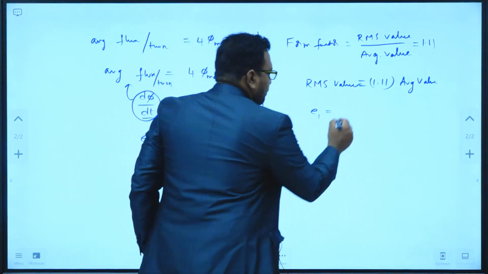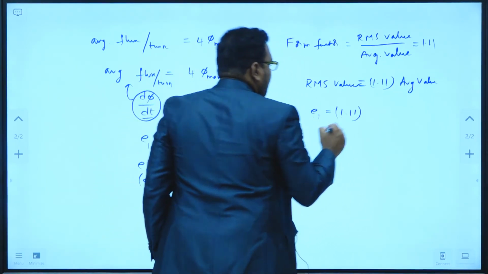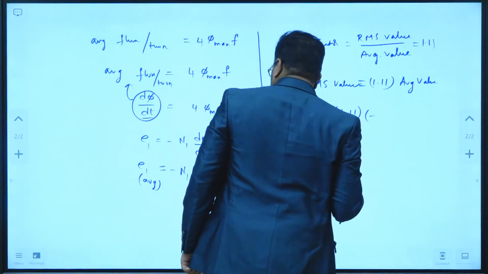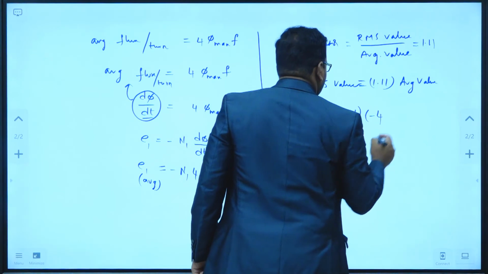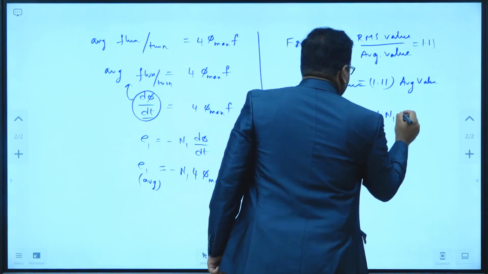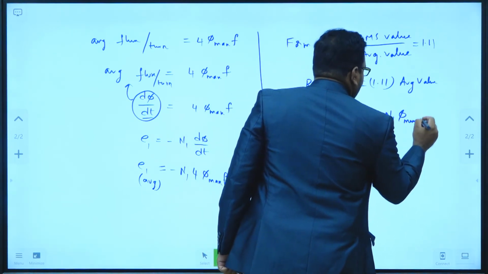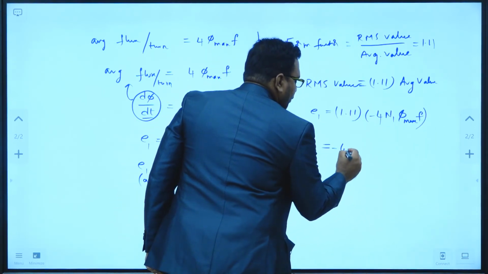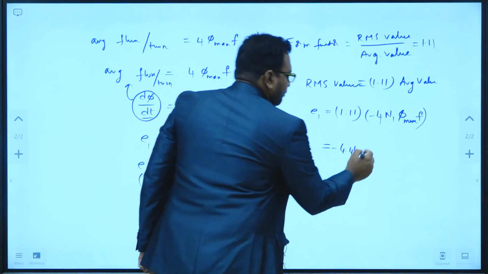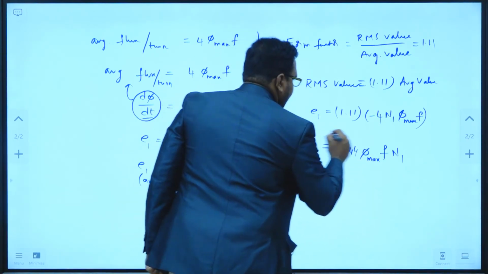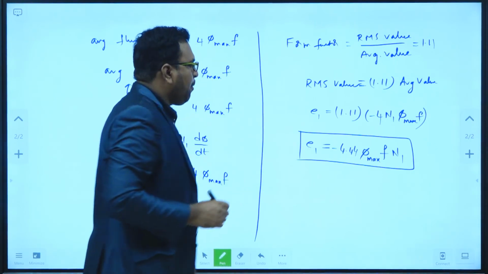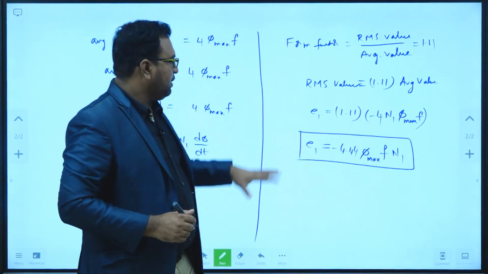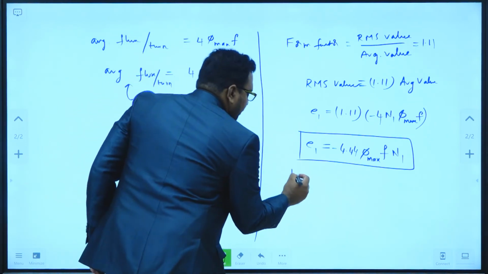So E1 is equal to 1.11 into the average value, N1 into 4 Φmax f, which is equivalent to minus 4.44 Φmax f N1. So the induced EMF in case of a transformer is minus 4.44 Φmax f into N1. This is the induced EMF equation of a transformer.